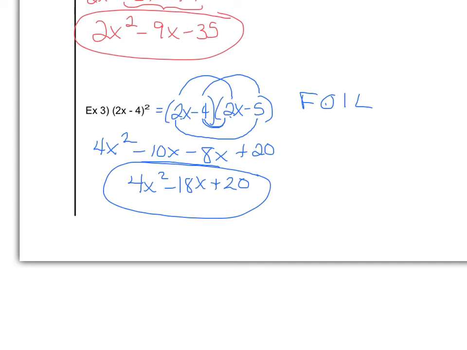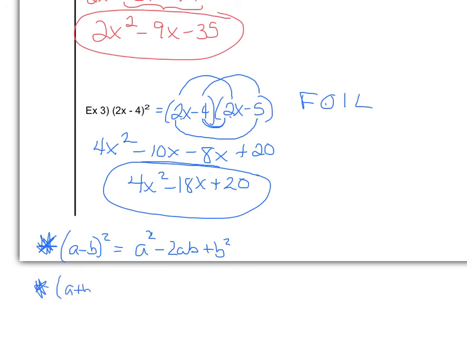As a little FYI, there is a formula that helps when you have something in the form a minus b squared. This is not a formula you have to memorize. If you choose to, it can make foiling faster when you're in this form. A minus b squared is always going to be a squared minus 2ab plus b squared.